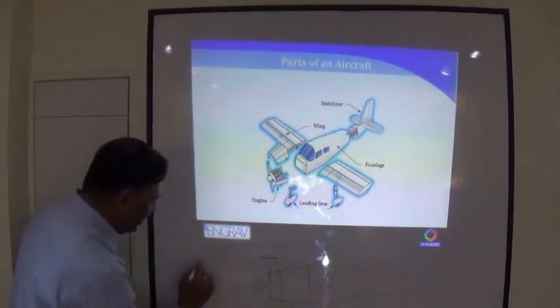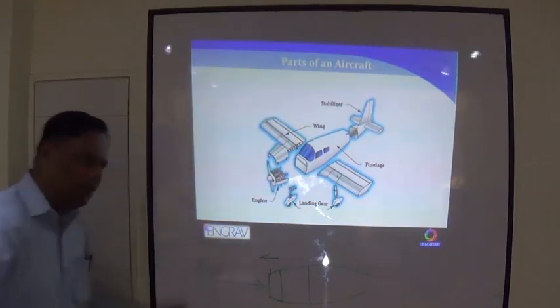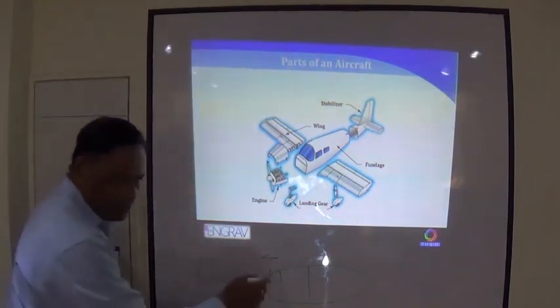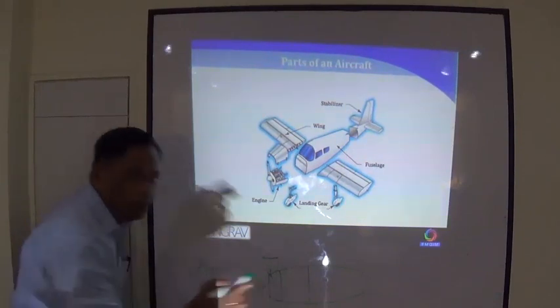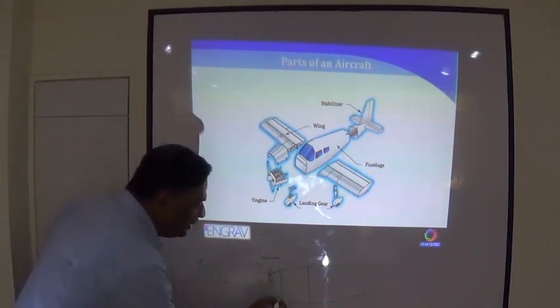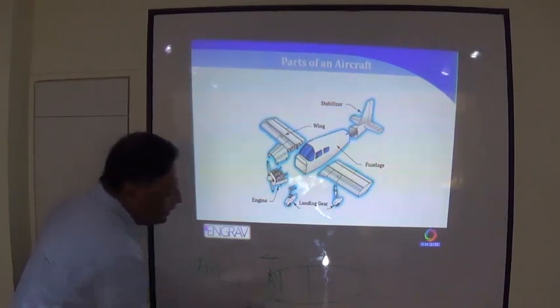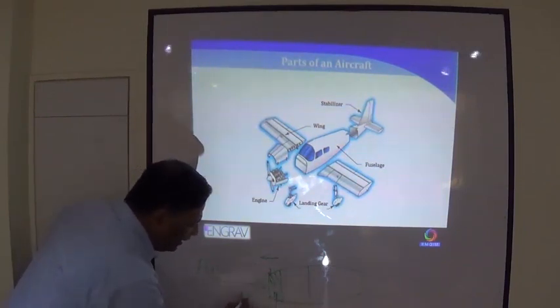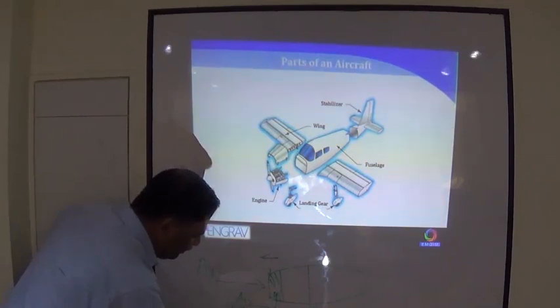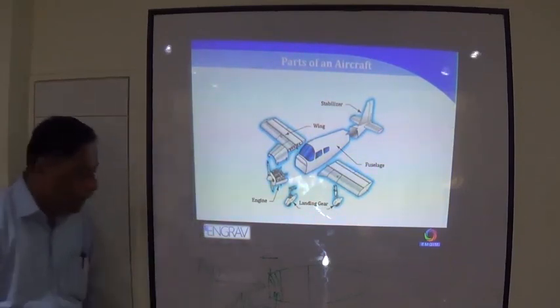This is atmospheric air, normal air. In this you can see the fan here. I told you about the turbofan. So this fan, this is called the air intake area.